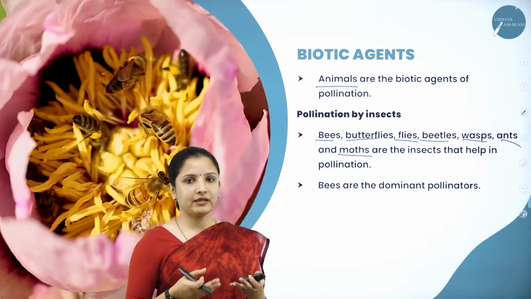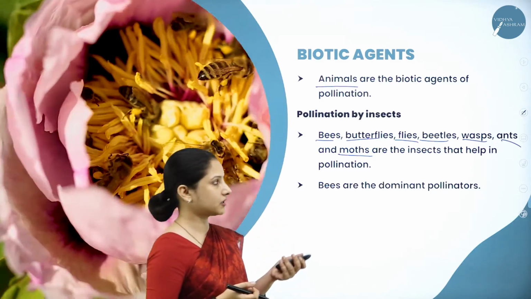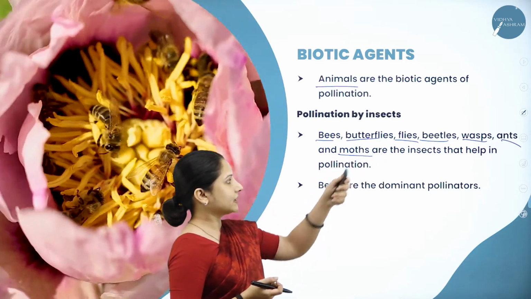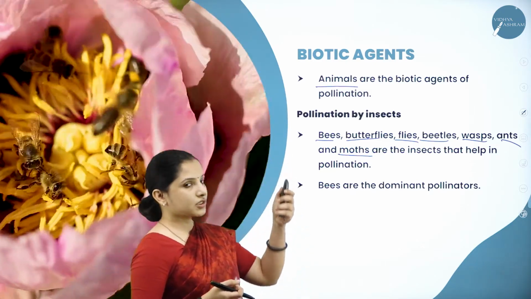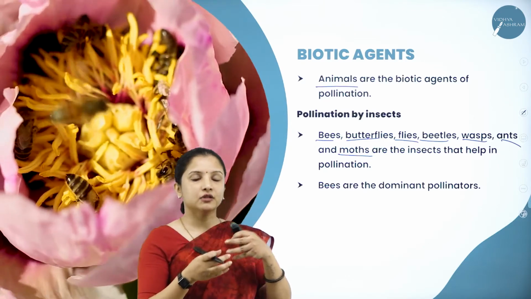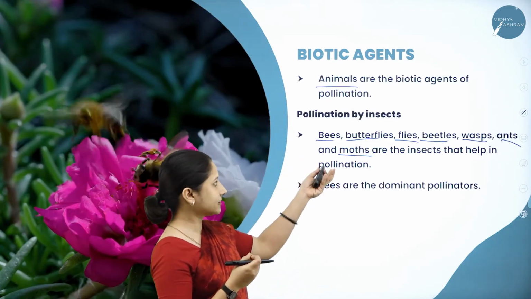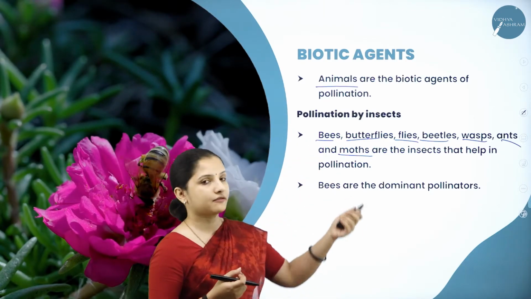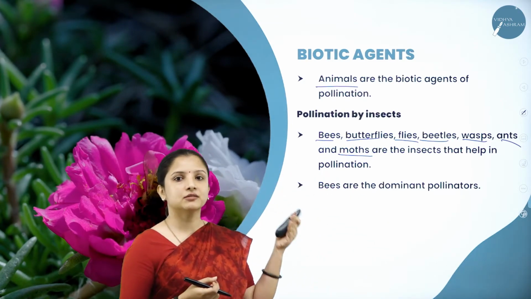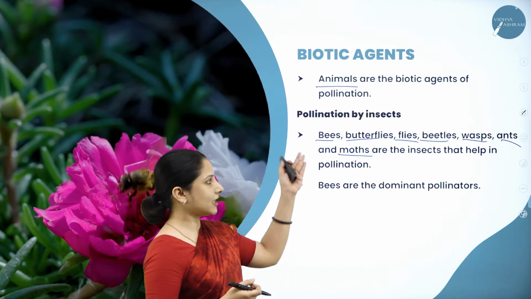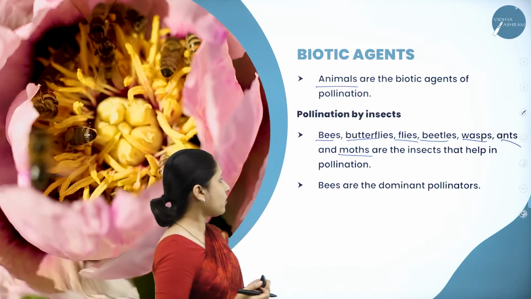They are pale colored. They are not colorful like the butterflies. So moths are the insects that help in pollination. So biotic agents are the agents that have life. So animals, especially the insects such as the bees, the butterflies, the beetles, the moths, the wasps, ants, numerous insects, are the ones that help in the pollination.